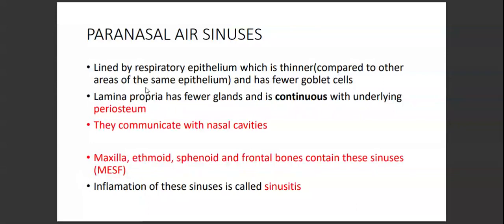Okay, so why are these paranasal air sinuses there? Why is it necessary that we must have these paranasal air sinuses? These actually function to reduce head weight.